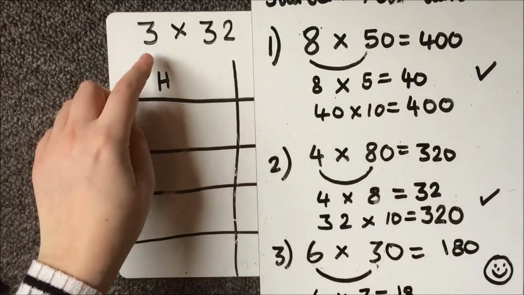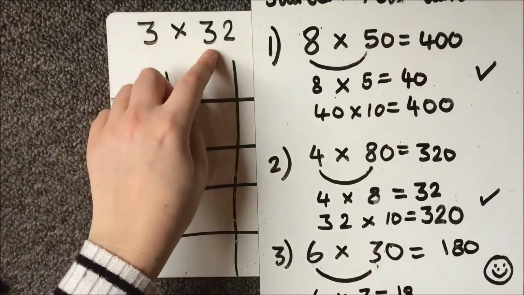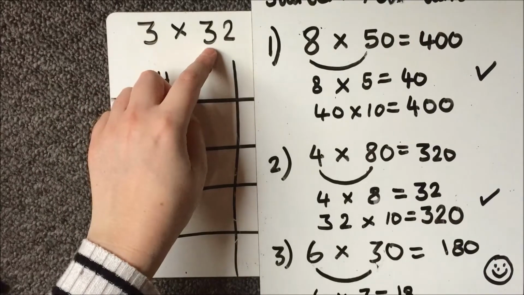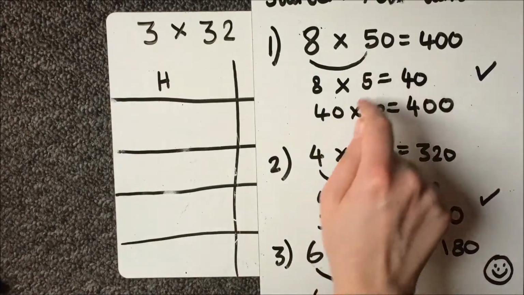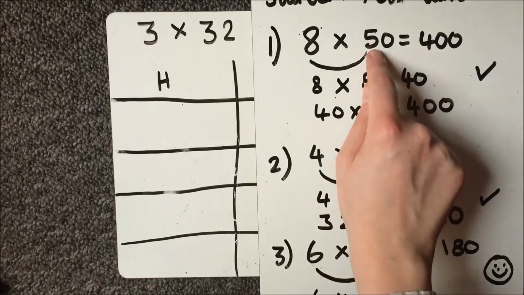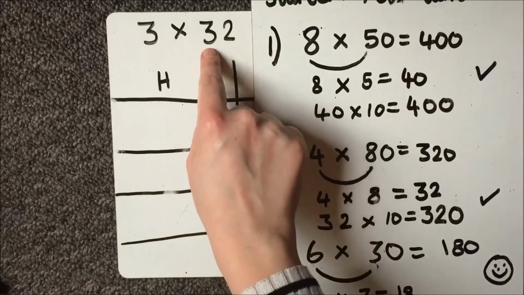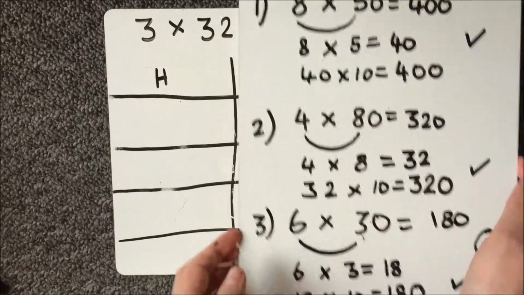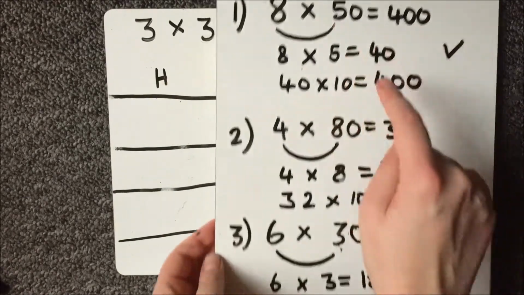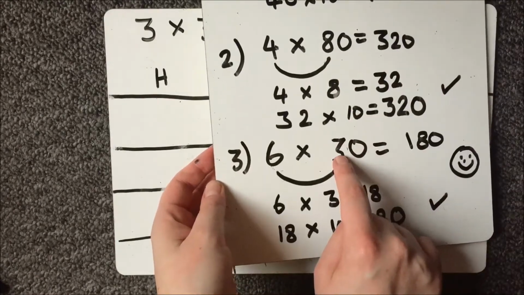In this one, we've got 3 1s times 3 10s and 3 1s times 2 1s. So in this one, we're multiplying by 10s. In this one, we're multiplying by 10s and we have a different digit in the 1s column. In these ones, we're just multiplying by 10s.